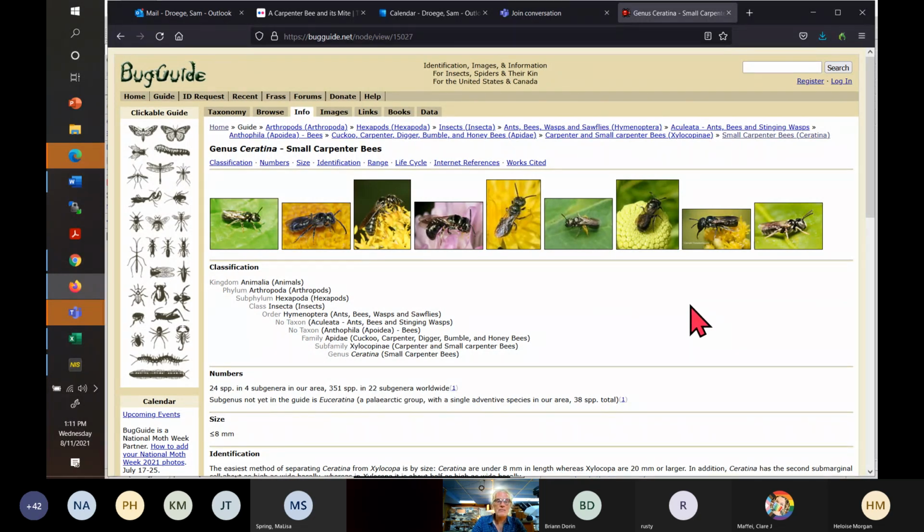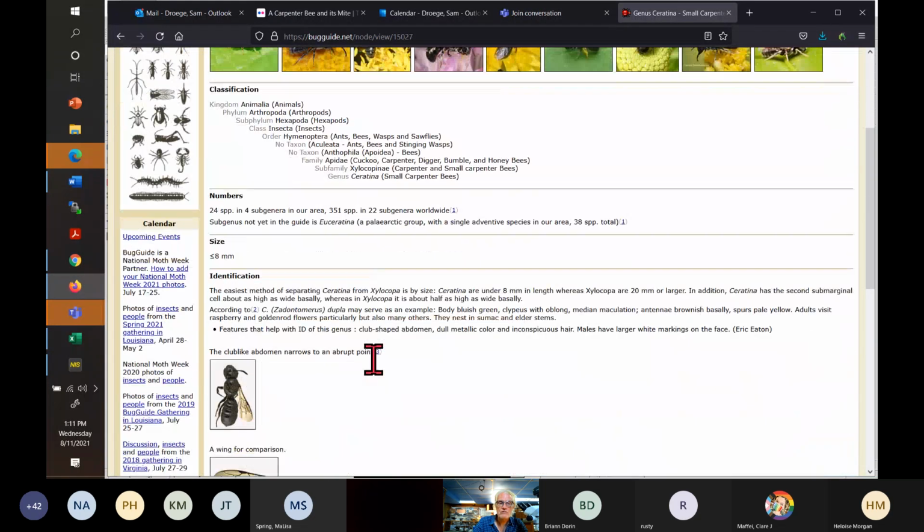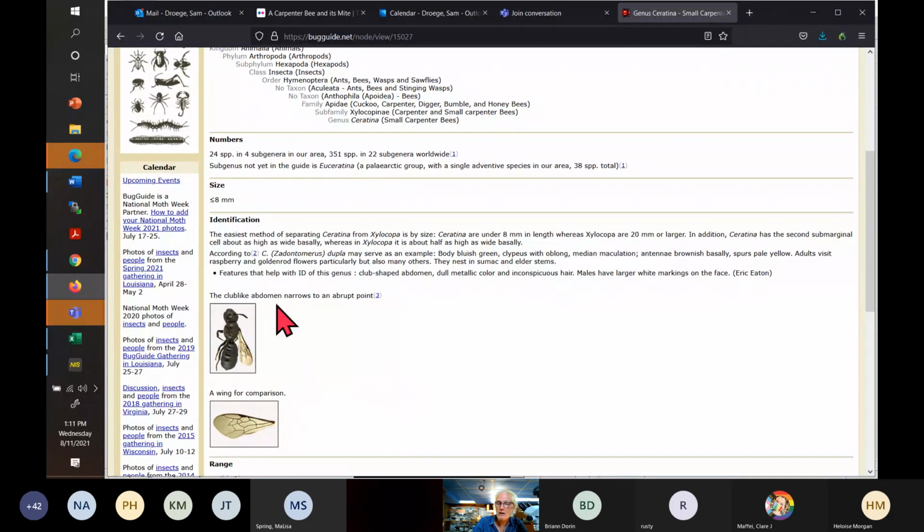So Bug Guide, if it's a North American species, is super useful for this kind of thing. And what I like to do is go to browse. So I'm at the genus level. I can look at things. Sometimes the info, which it naturally lands on, is useful in terms of, oh, look, they have ID stuff too.